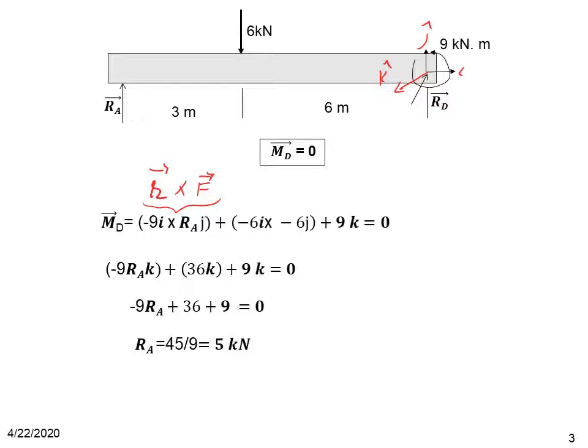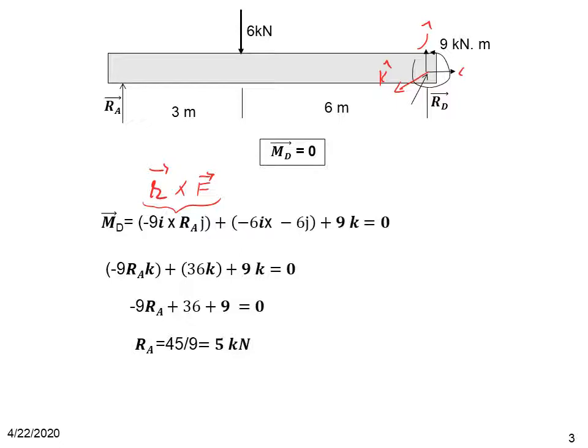So if you use the sum of all the moments of forces about D equal to 0, which will result in an equation as indicated, where you can see that the first is a cross product of RA in the J direction, which is at a distance of 9 meters in the minus I direction.